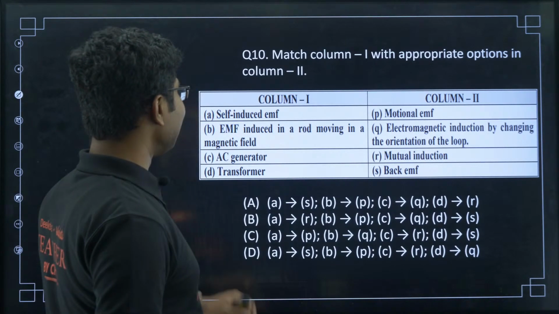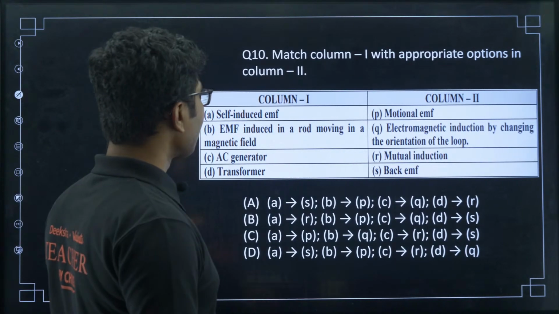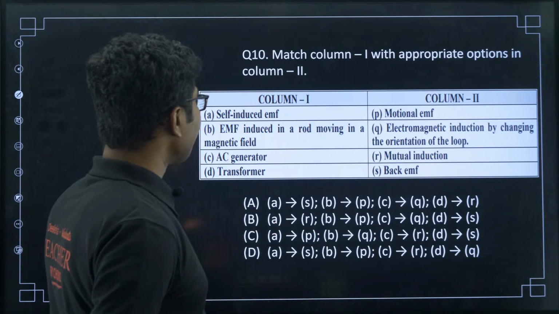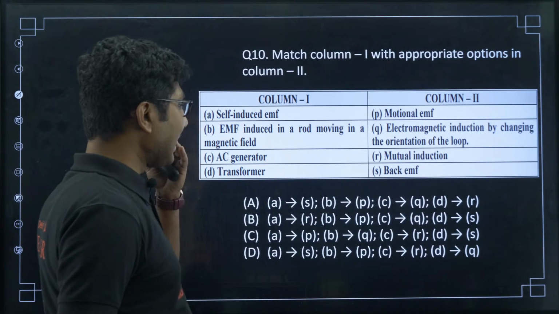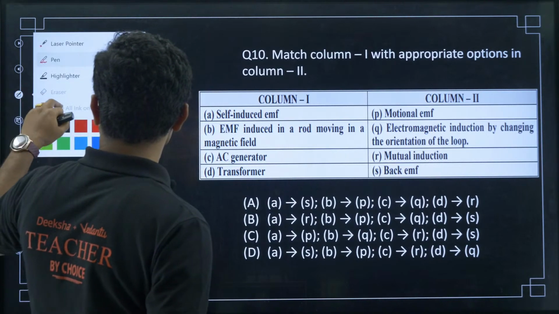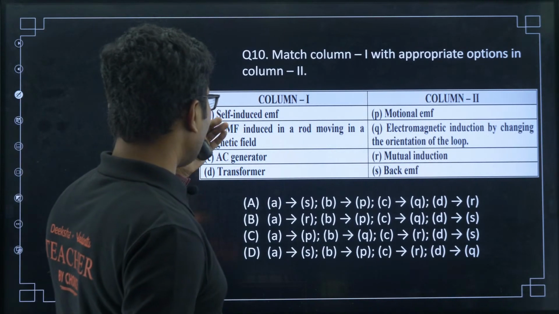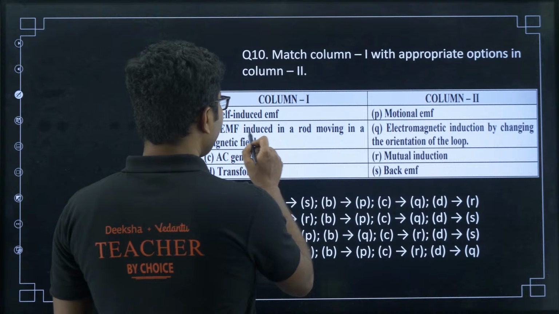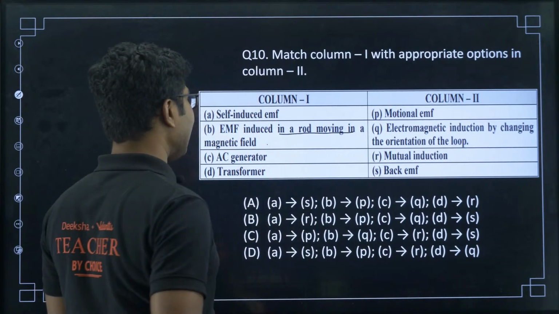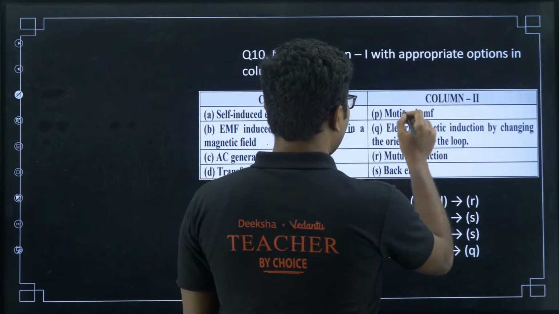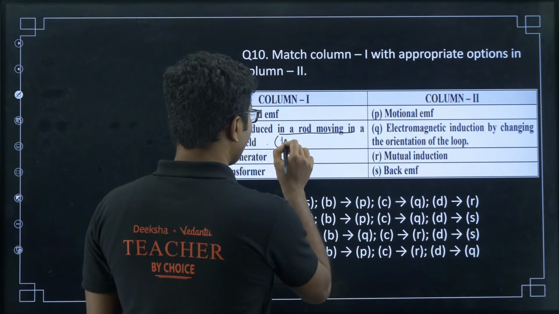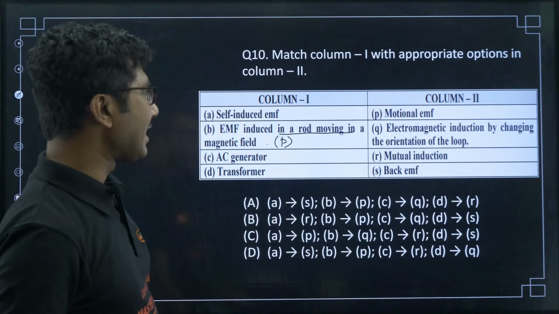So, first let us see self induced EMF, EMF induced in a rod moving in a magnetic field, AC generator and transformers. So, these are the 4 options. Now, I know that EMF induced in a rod moving in a magnetic field is called motional EMF. So, basically with B we can match P.